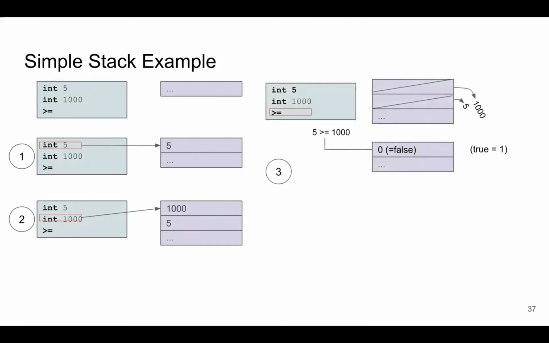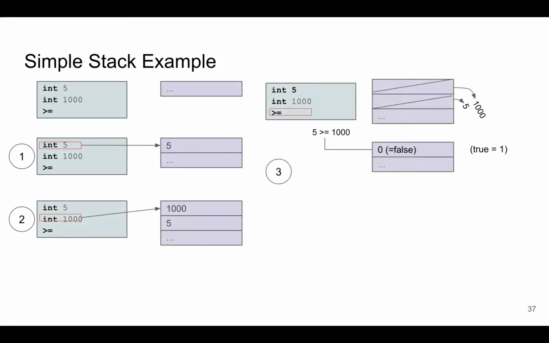The way it's executed is that you start here, you execute the first instruction of the program, say int 5. Int 5 means push the integer 5 to the stack, so you put it on top of the stack. Then int 1000, push the integer 1000 on top of the stack. Then larger or equal.